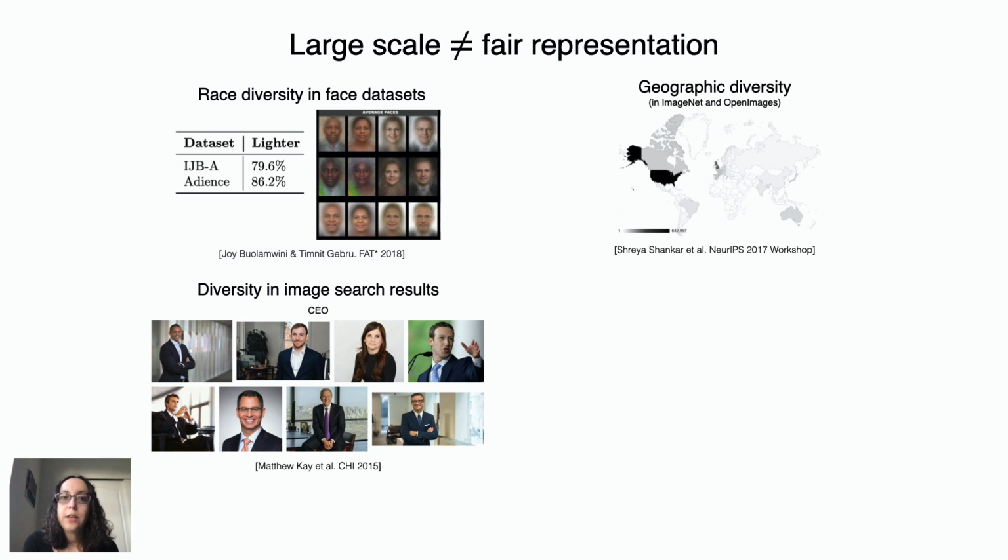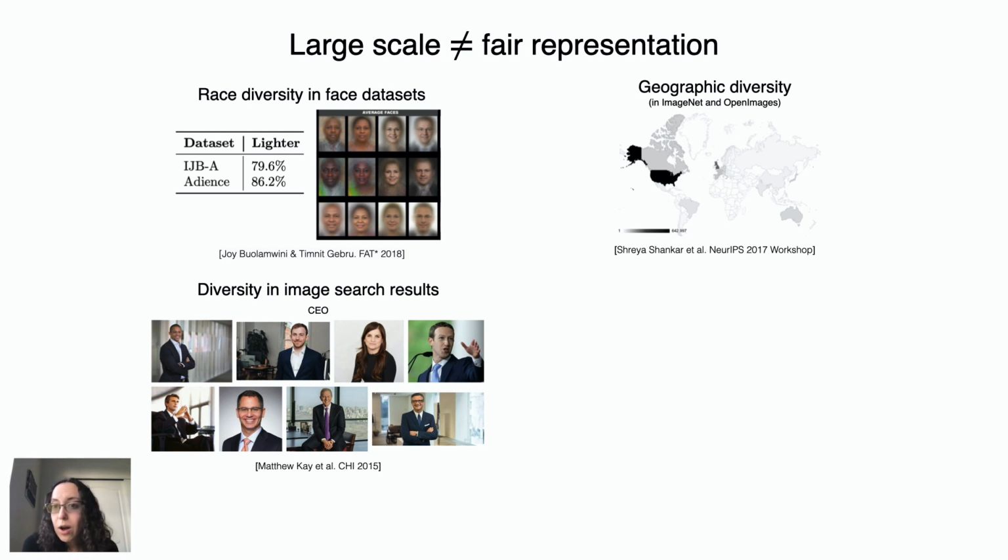And while we're on the topic of web search engines, there's another factor at play. Back in 2015, Matthew Kay and co-authors, but also many other works since then, have pointed out the bias in web search results. For example, when you search for the term CEO, you get images primarily of white men wearing suits. Part of this is, in fact, that we do have a quite skewed demographic among our CEOs in the real world, and particularly a very skewed demographic among CEOs who are actively getting photographs promoted and publicized.